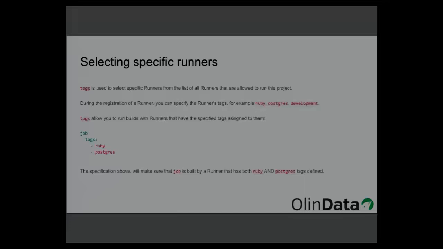So as you're registering a runner, for instance, if you're registering a Windows machine, a Windows runner, you can tag it with Windows, and then in your jobs, you can tag your Windows jobs with Windows, and nothing else will run on those runners except for jobs that have been tagged Windows. You can have multiple tags, so it's a fairly flexible system. You see them here as well.